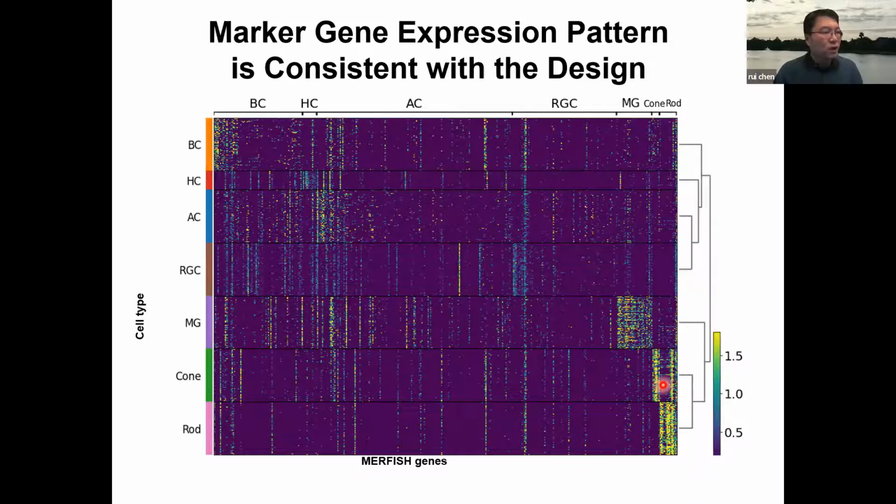Similarly for the cones and mural glial cells. And then when you come to a more complex cell type like RGC and amacrine cells, you can see the RGC markers, which are sort of pan-RGC markers we put in there, show very specific RGC patterns, and are pretty much missing in other cell types. The same thing for amacrine cells and then for bipolar cells.